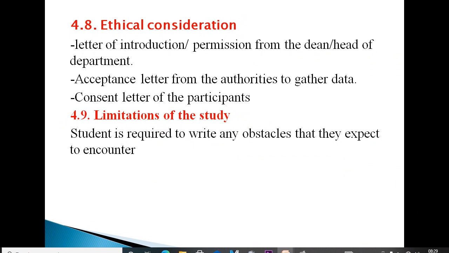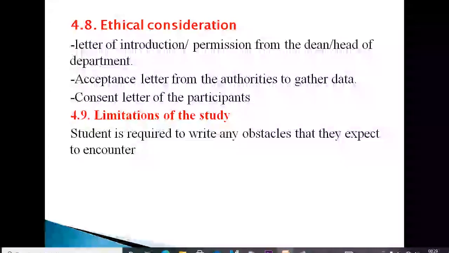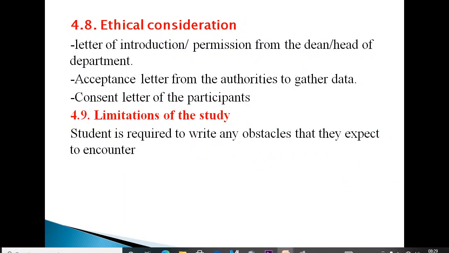All these are required to be presented before the submission of his final citation. Finally, we have what we call the limitation of the study.